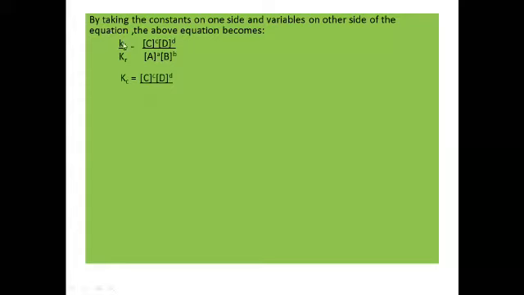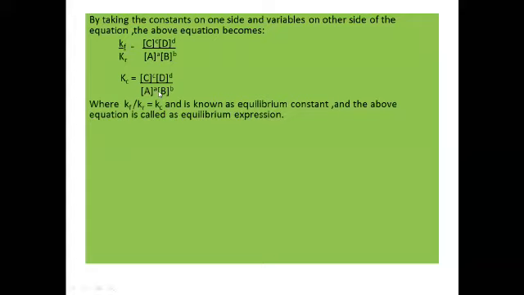Instead of writing Kf over Kr, which are two constants, we will use a single constant Kc, which is called the equilibrium constant. The equilibrium constant is equal to the product of the molar concentrations of the products over the product of the molar concentrations of the reactants. Kf over Kr, the two constants, are equal to Kc. Kc is known as the equilibrium constant, and the above equation is called the equilibrium expression.